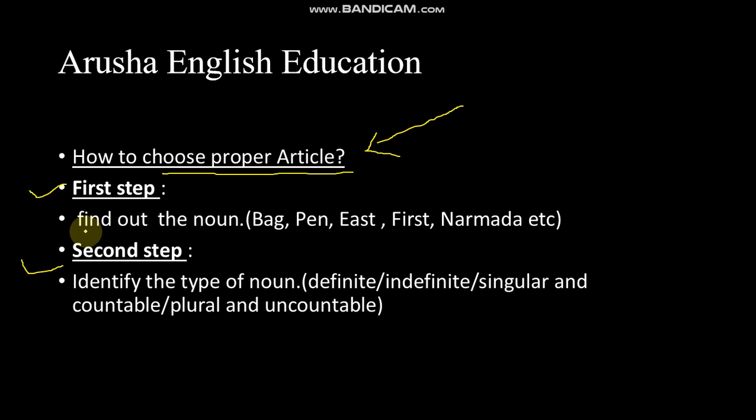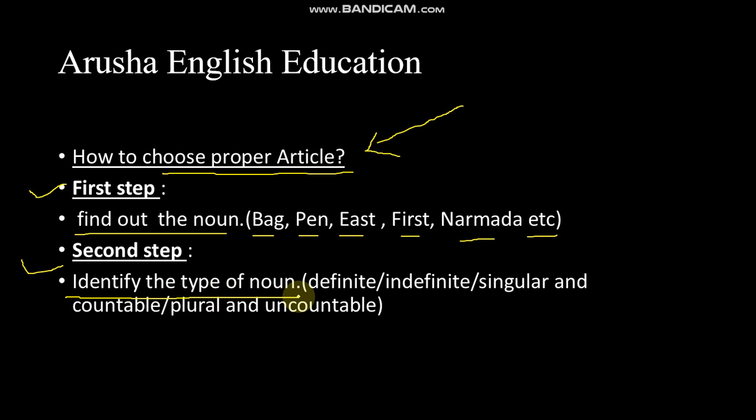In the first step, you have to find the noun from the sentence. It may be bag, pen, east, first, Narmada, etc. In the second step, you have to identify the type of noun.